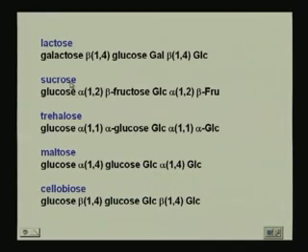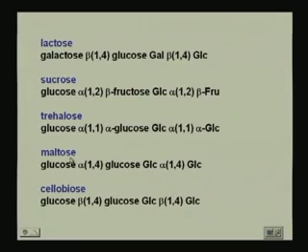If we look at sucrose, it is glucose alpha 1,2 beta fructose. All of you know what sucrose is, so you can check whether this is the right way to write it. If we looked at trehalose, it is glucose alpha 1,1 alpha glucose.